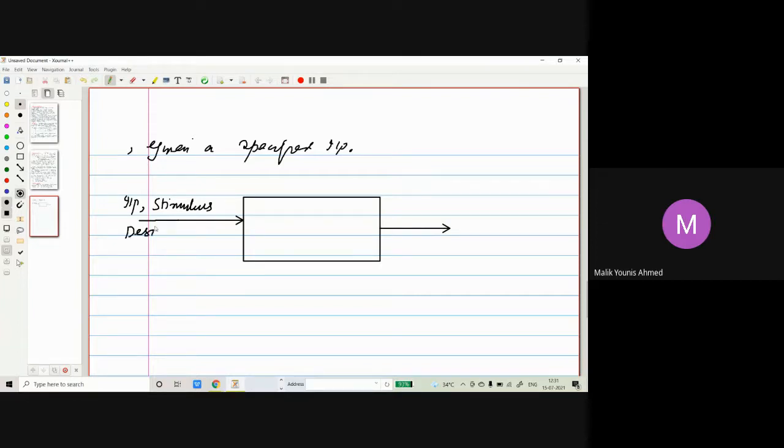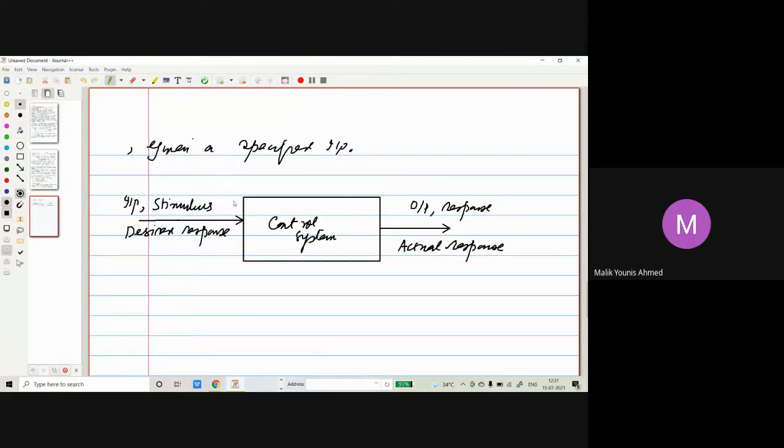This input is always our desired output; I will show you by examples. Or if not desired output, then I will say desired response. The same thing: stimulus and response. Then we have a complete control system, and then we'll get the output. We call this the response, the actual output, or actual response. I was just talking about these things.